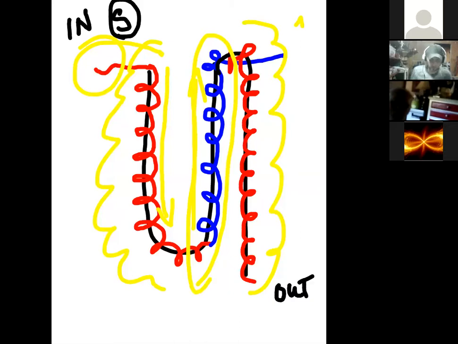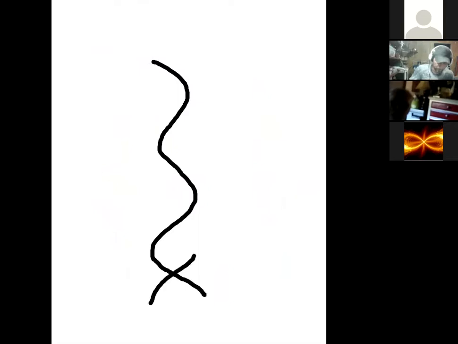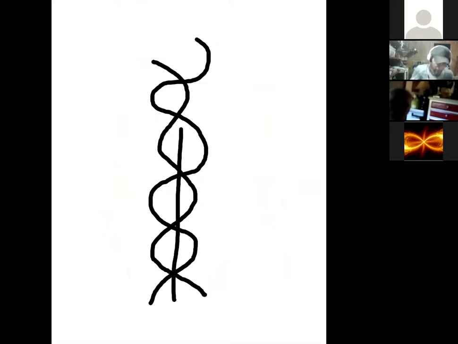And when you twist them together, you get your Trinity wire. And now you've got your three wires. Now, let's color these in for you.